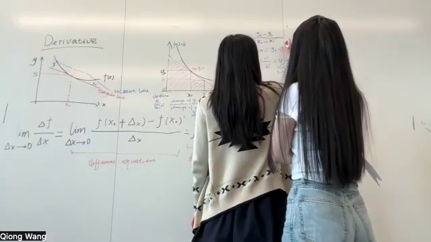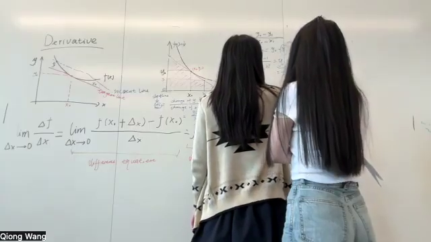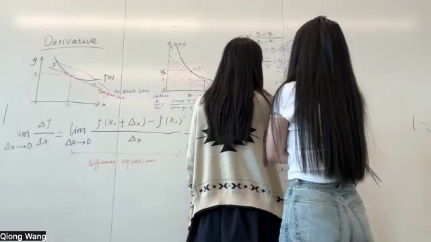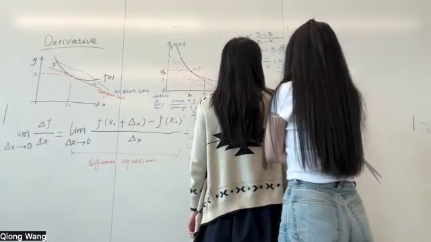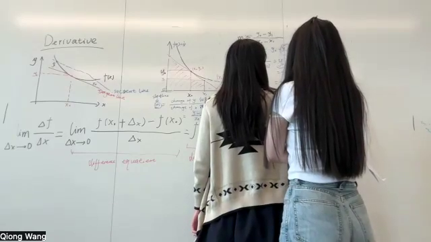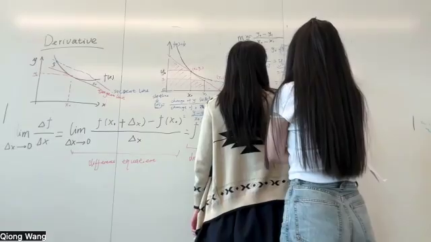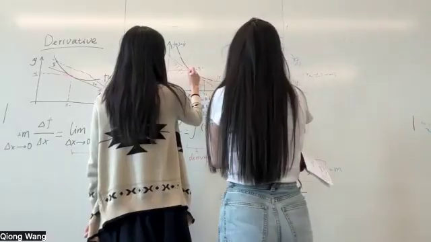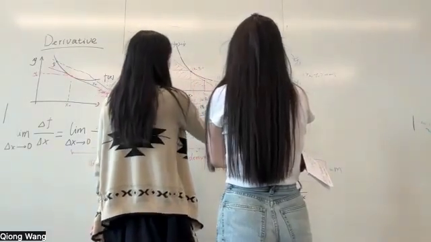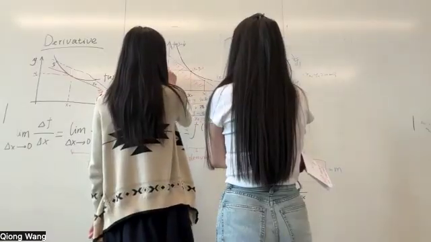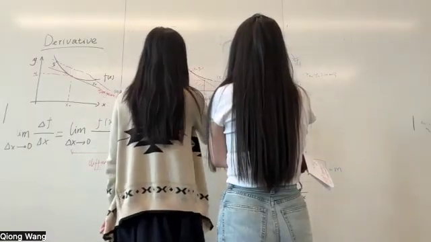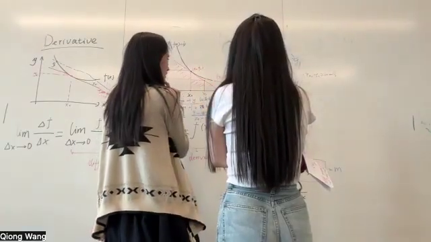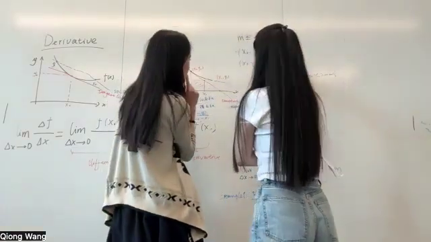And y1, you just copy it. So it should be 1 over x0 minus y1. Because x0, y0 is on the curve. So you can only use this to replace this. You cannot use 1 over x to replace y1, because x1, y1 is not on the curve. y1 is a random point.